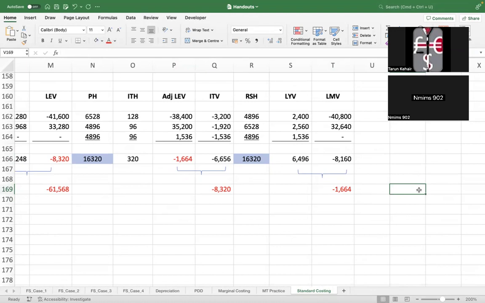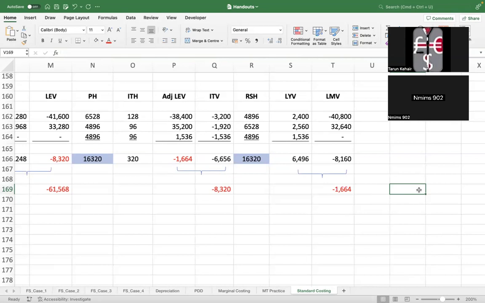So in this example, we have covered labor cost variance, labor rate variance, labor yield variance, idle time hours, revised standard hours, adjusted labor efficiency variance, labor yield variance, and labor mix variance, and everything based on productive hours.